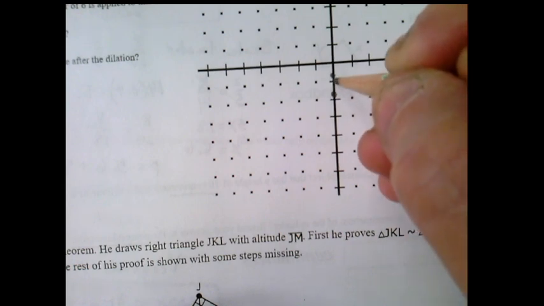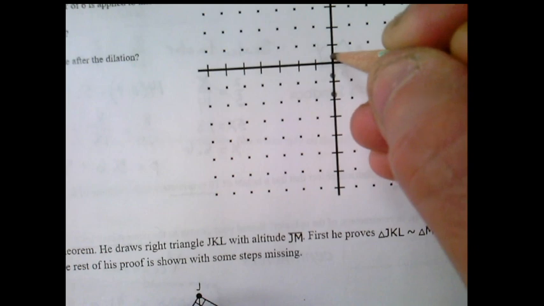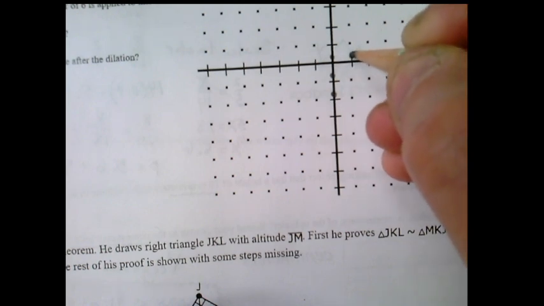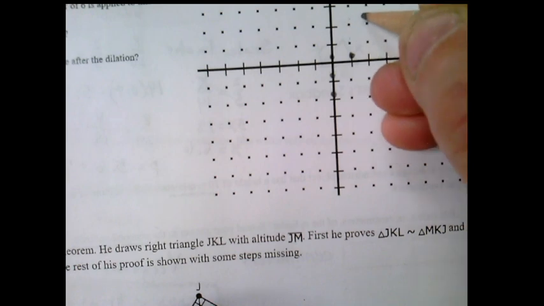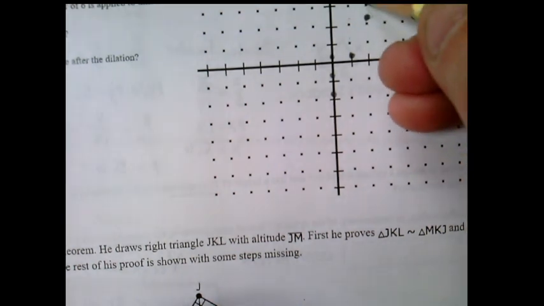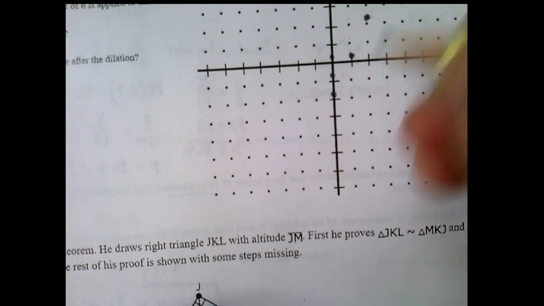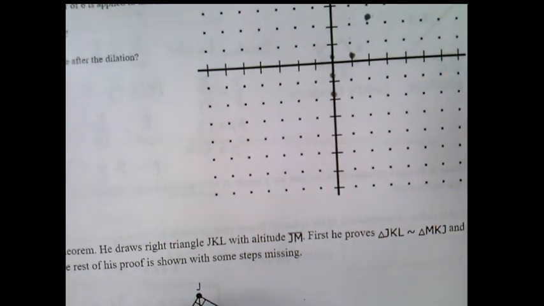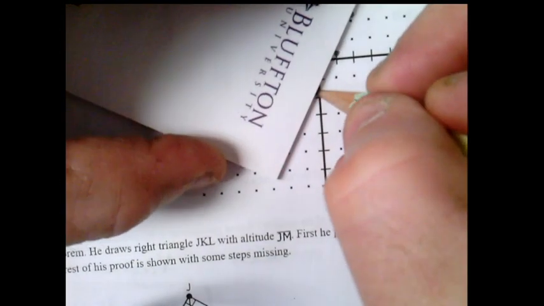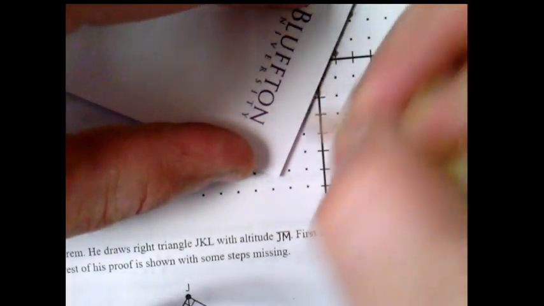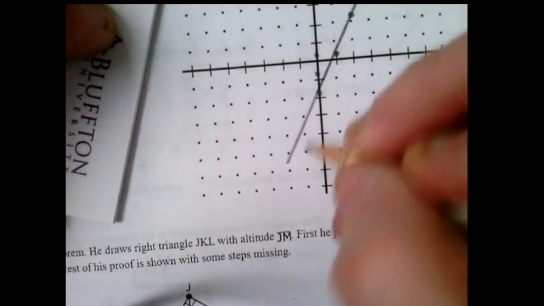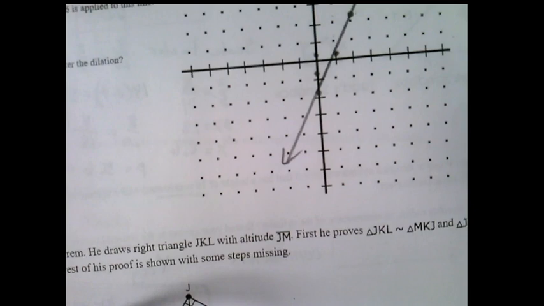So if I go up 2, 1, 2 over 1. Okay, so this is my line right here, and I'm going to try to graph that line real quick. Okay, didn't do great at it, but you know, good enough.